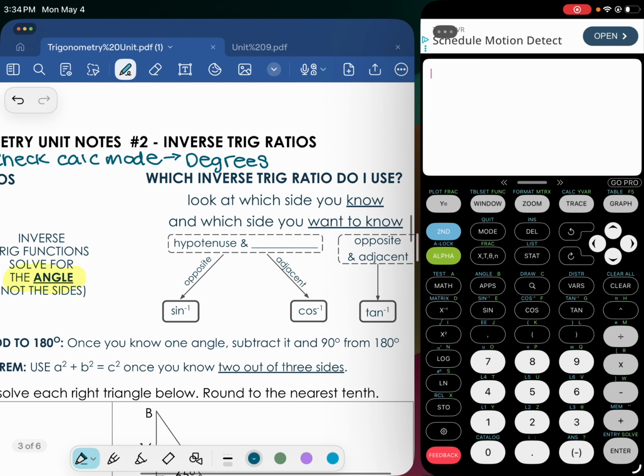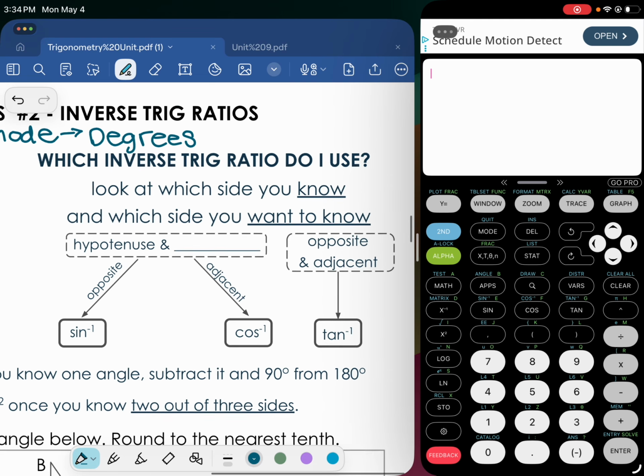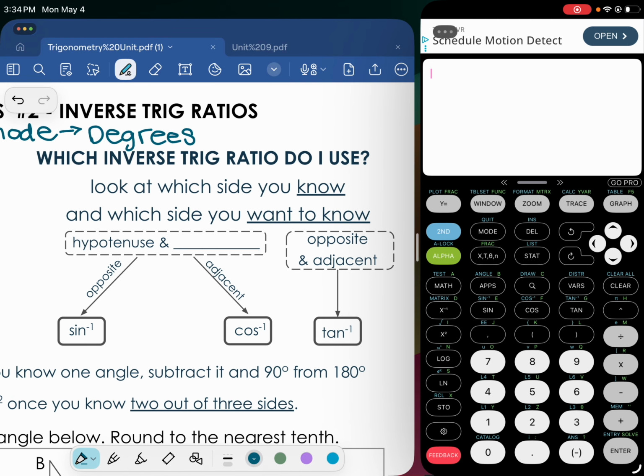One of the main things you're going to have to do today is decide which inverse trig ratio to use. When you're getting ready to start a problem, look at which side you know and which side you want to know. If one of those sides is the hypotenuse, you're going to use sine or cosine, because tangent is the only function that doesn't use the hypotenuse.